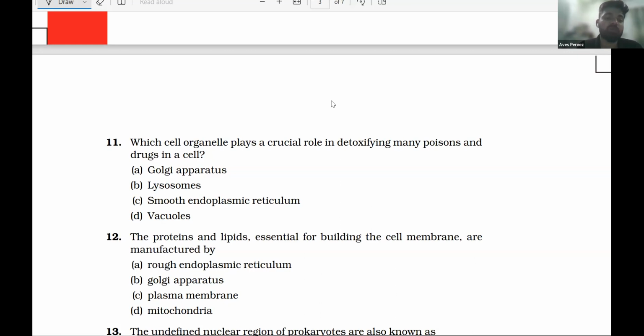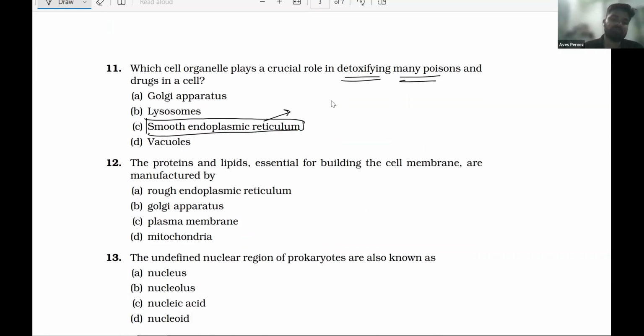Sir, smooth endoplasmic reticulum. Yes, we have written this in the notes also. If you have not written it, please note it down. The cell organelle responsible for detoxification of many poisons and drugs in the cell is the smooth endoplasmic reticulum. Please note it down in your copy.